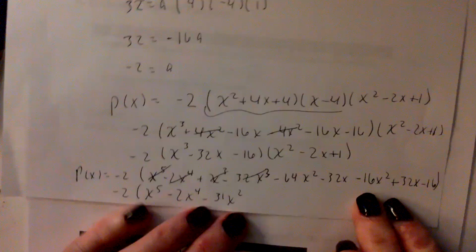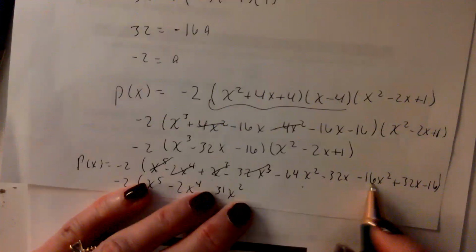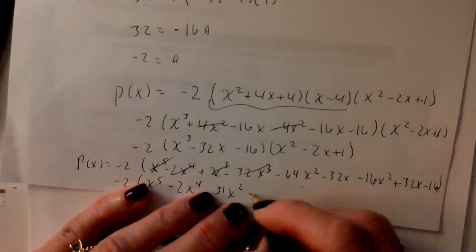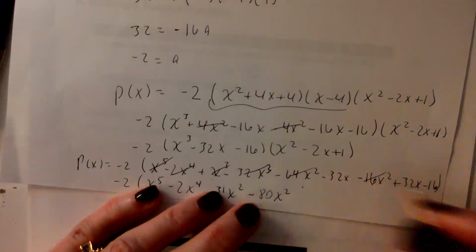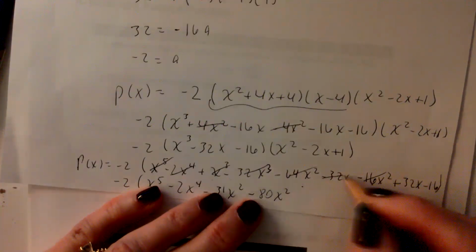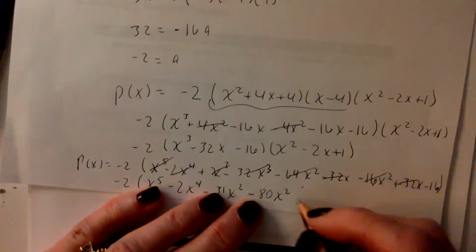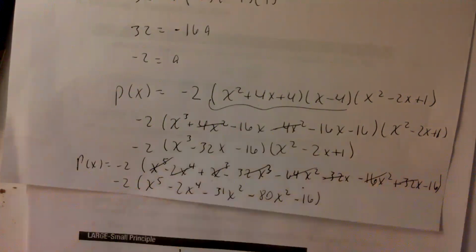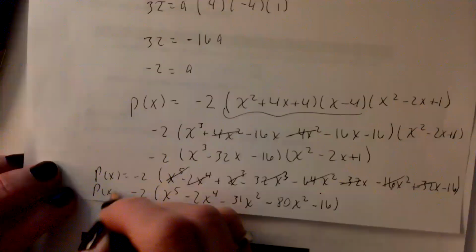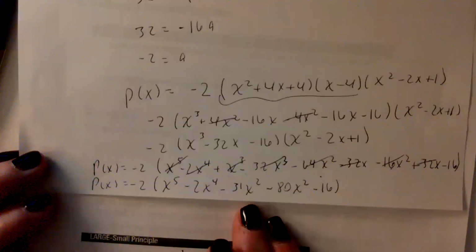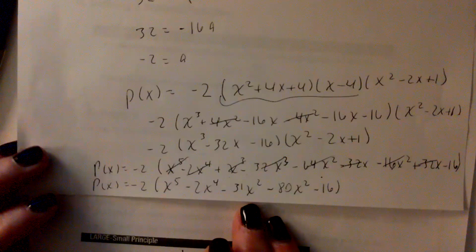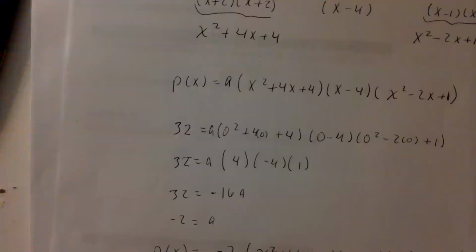And then we have a negative 64x squared and a negative 16x squared. That's a negative 80x squared. And then the 32s cancel out, and then we have minus 16. And of course, we could distribute this too. That's a big polynomial. See you back for the last lesson in chapter 3.